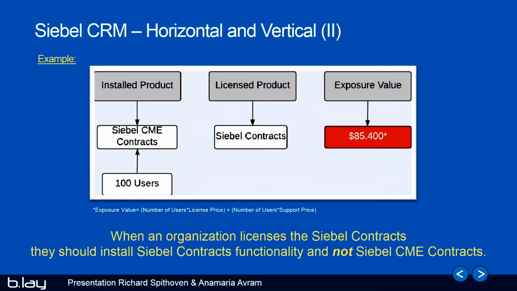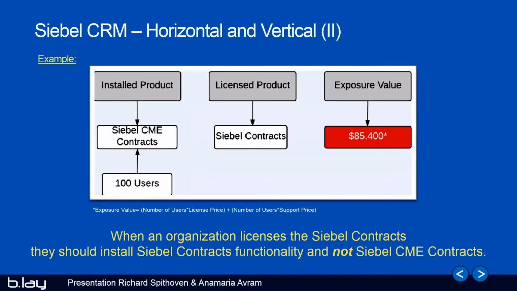So if the customer installs the vertical product but is licensed for the horizontal one, for this specific situation, when we have 100 users, then we can have an exposure value of $85,400.